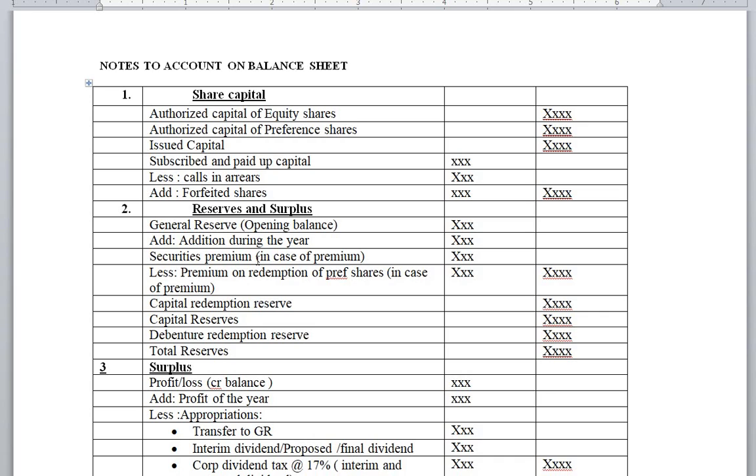That is an extra amount exceeding the normal amount, so that is what is meant by at premium. In the case of securities premium, the extra amount which you are paying for a share will also be added in the reserve and surplus.